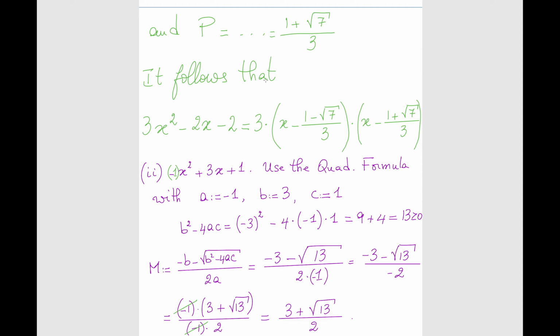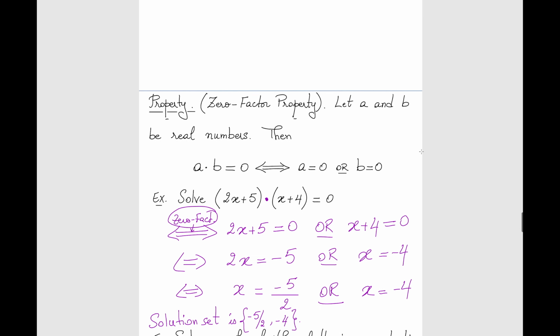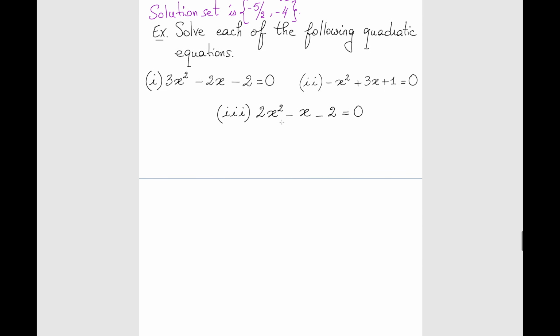So I'm going to take this, since we've done the work. How about we copy it and paste it right there. So that's the left-hand side, right? So part 1 would be 3x squared minus 2x minus 2 equals 0.